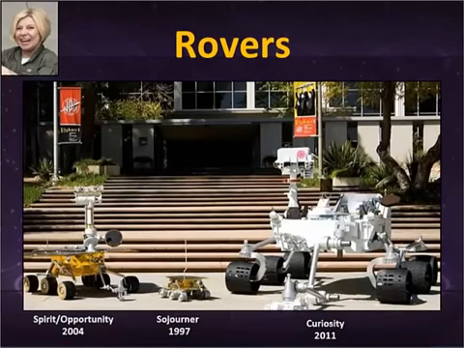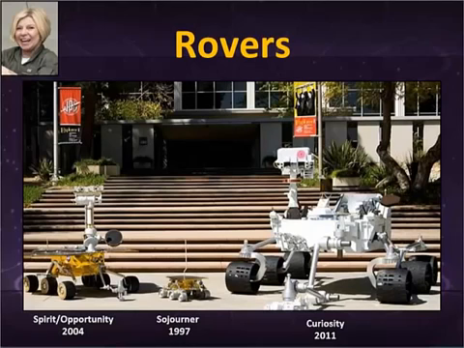Okay, I put this picture in because I really like this picture. In the background, you can see those offices. Actually, that's where my offices are. That's the education department located down there at JPL. And we have three of our rovers lined up right out front of our steps here. We have Sojourner that went to Mars in 1997, and you can see how small Sojourner was compared to Spirit and Opportunity.